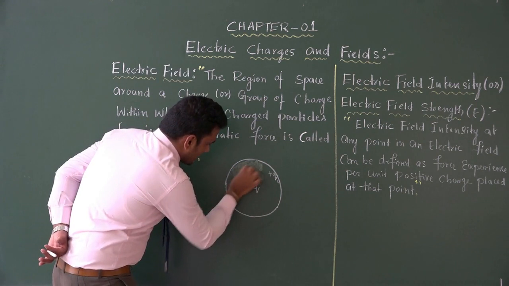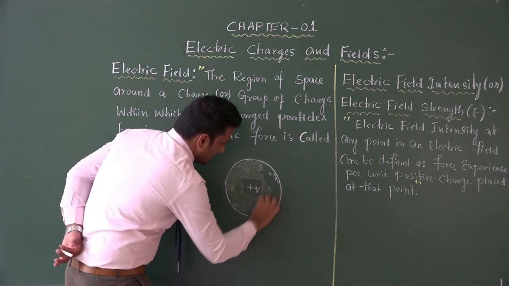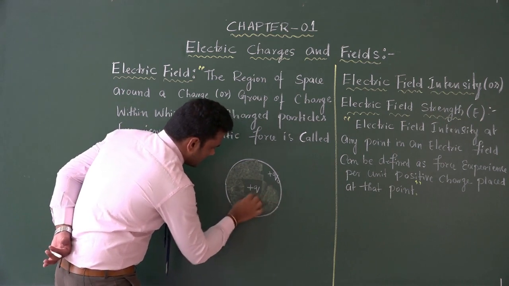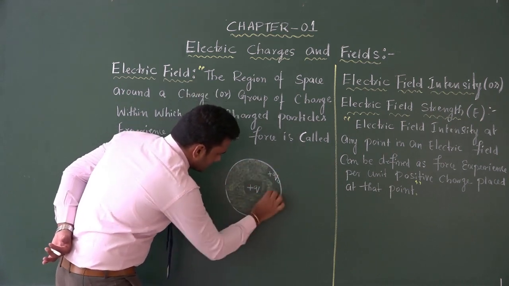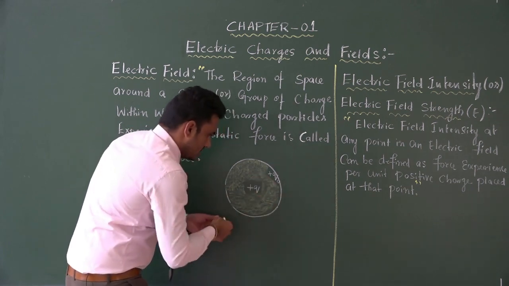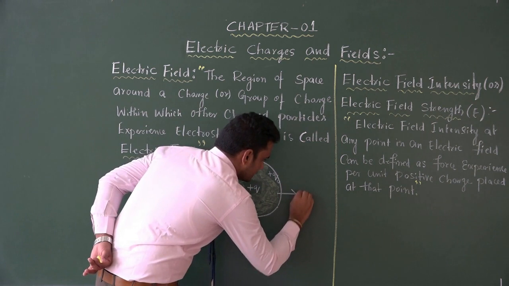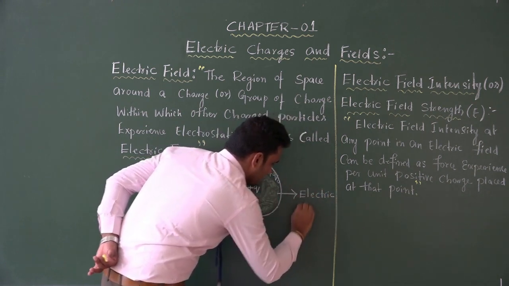If another charged particle experiences electrostatic force within this region, then the region of space around a charge is called electric field.